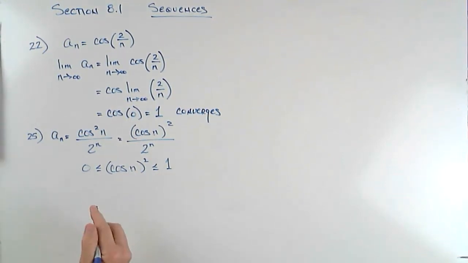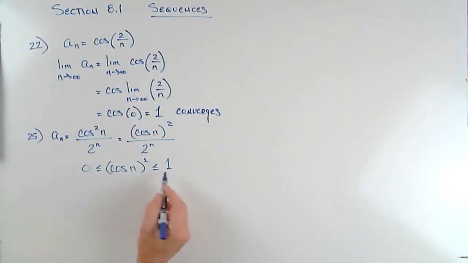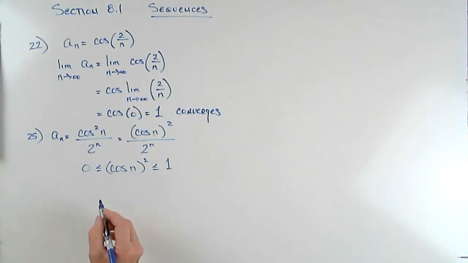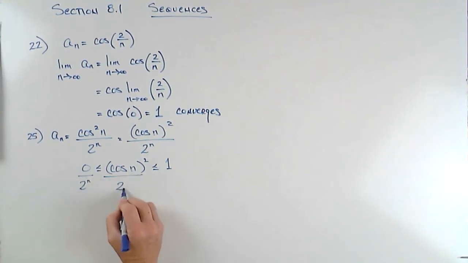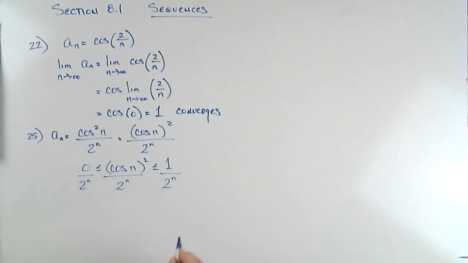We're going to say, okay, if this is the relationship for cosine, then we can put a 2 to the n here and a 2 to the n here, and not change these inequalities, because 2 to the n is always positive, so this inequality will hold.